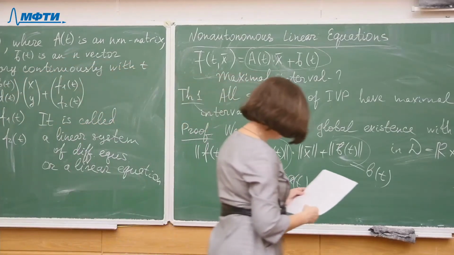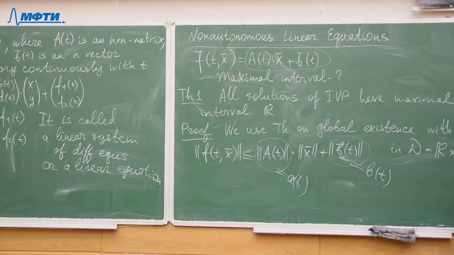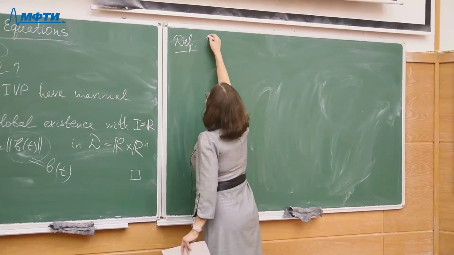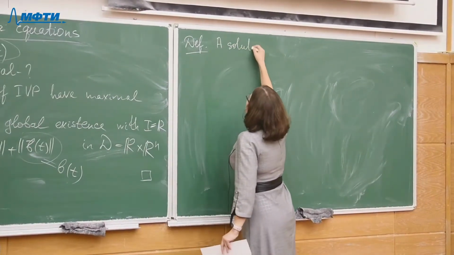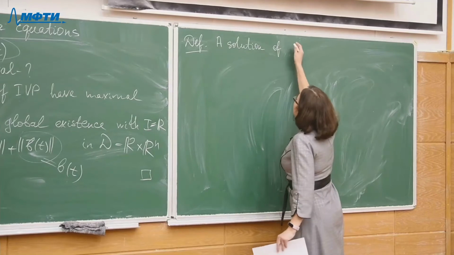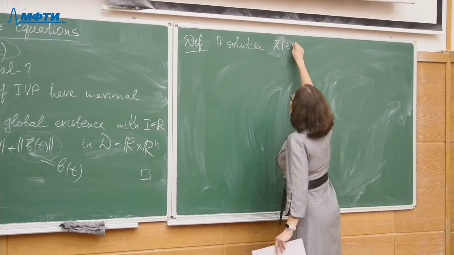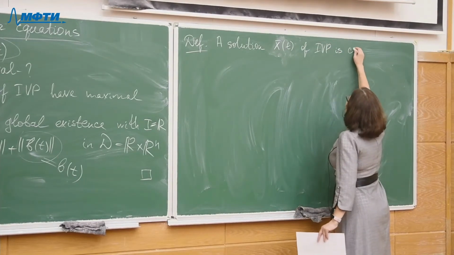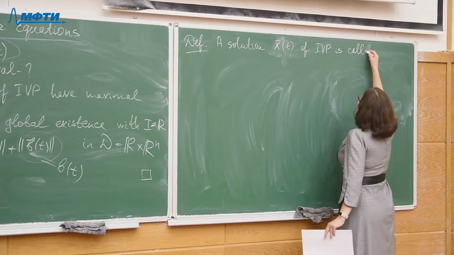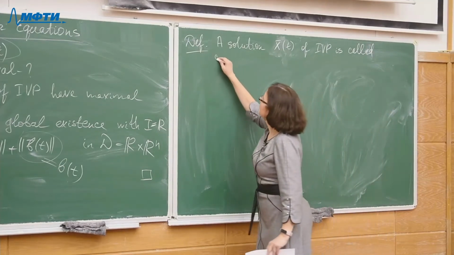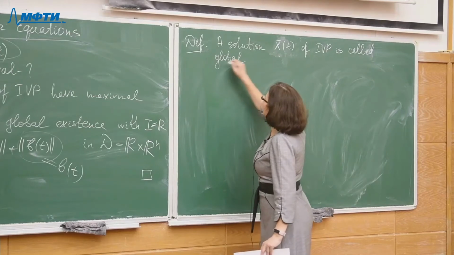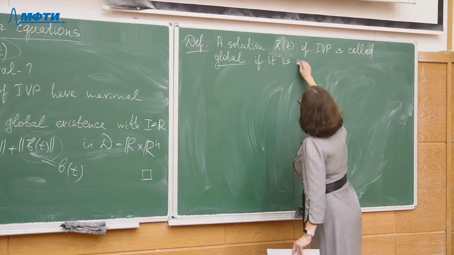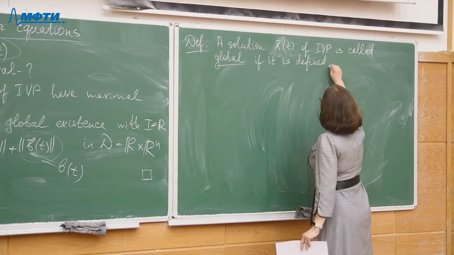Okay. I will give the following definition. A solution x of t of the initial value problem is called global if it is defined for any t.